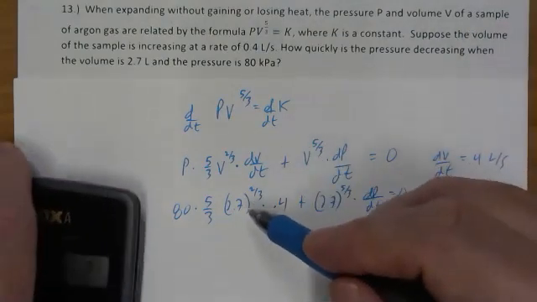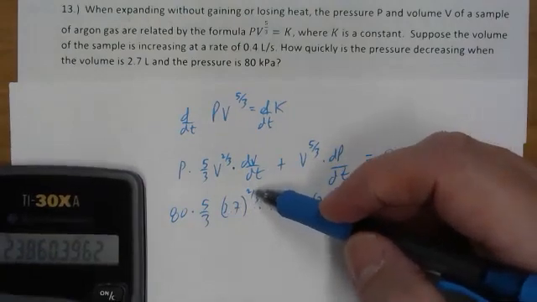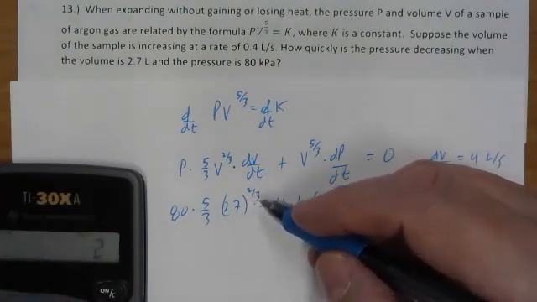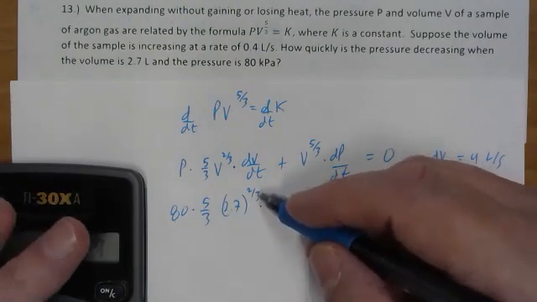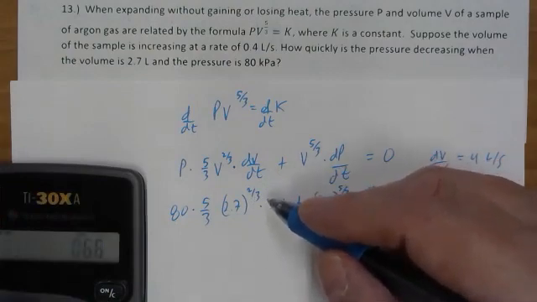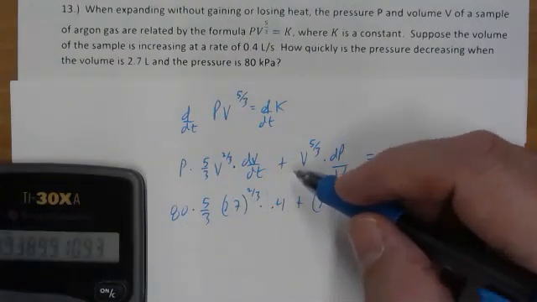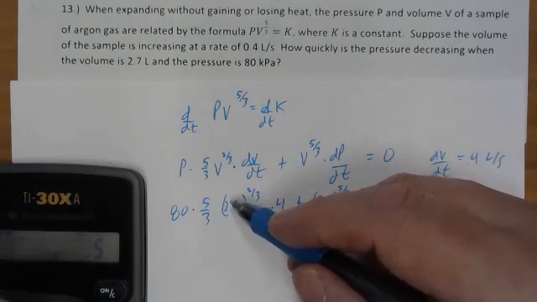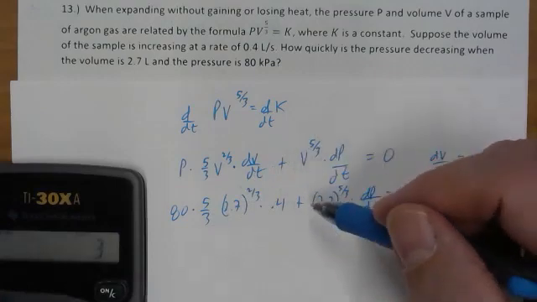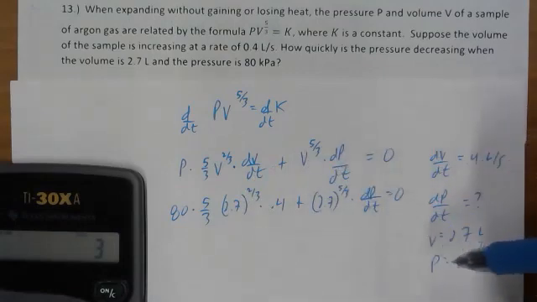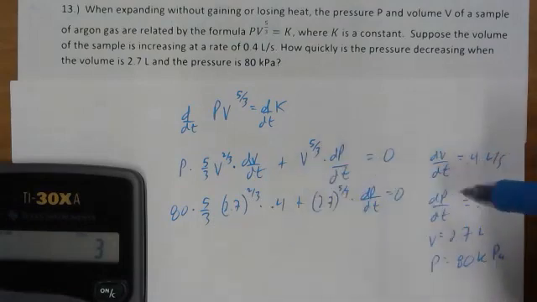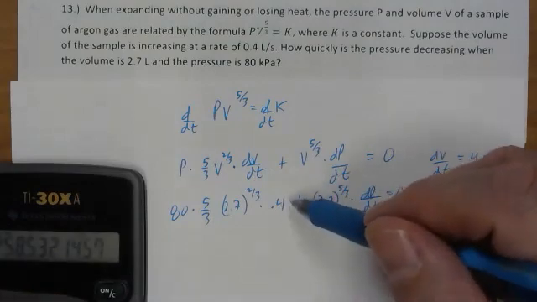So this is definitely a good calculator problem. 2.7 to the 2/3 is 0.666666, goes on forever, times 5 times 80 divided by 3, and also times 0.4.